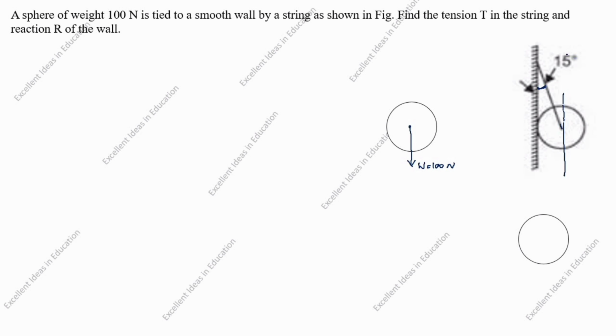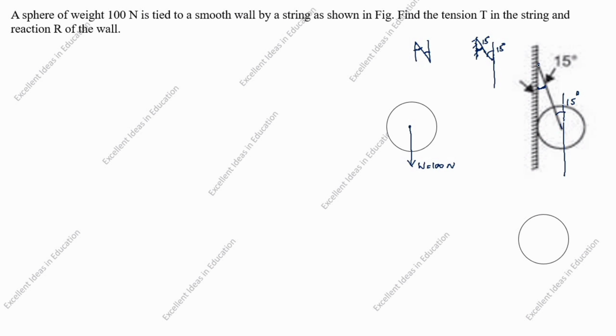You see here, this is the wall. This angle is given as 15 degree. Now we will draw the parallel line here. So this is 15, which means this is also 15 degree. This is the alternate interior angle. So this angle is 15 degree.